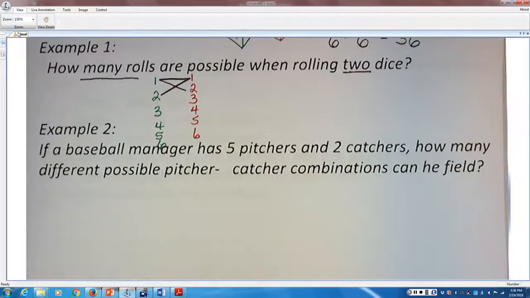So our second example says, a baseball manager has 5 pitchers and 2 catchers. How many different possible pitcher-catcher combinations can that manager put out on the field? So he's got pitcher number 1, 2, 3, 4, 5.